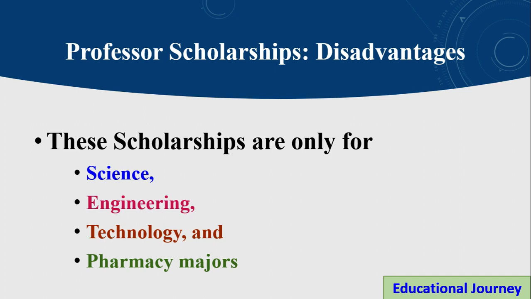Because the funding from the private organizations or industries is available for research purposes, to make any new product, or they have to solve some scientific problems, and they provide these fundings to these fields so that they can solve their problem, or they can do some research on their specific given topic. So that is why these professor scholarships are only available for science, engineering, technology, and pharmacy, and this is not available for the business or the social sciences or other fields.